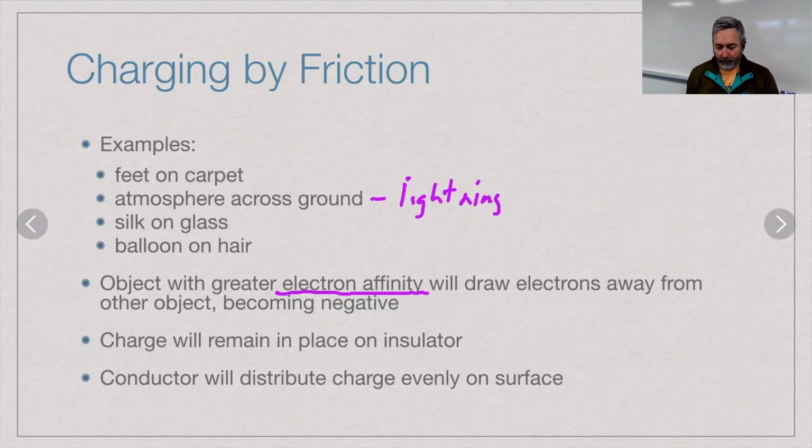All right. So the charge stays in place on the insulator. It'll distribute evenly on the surface on a conductor, and the object that charge is on will have a non-neutral charge. So if it loses electrons, it has a positive charge. If it gains electrons, it has a negative charge.